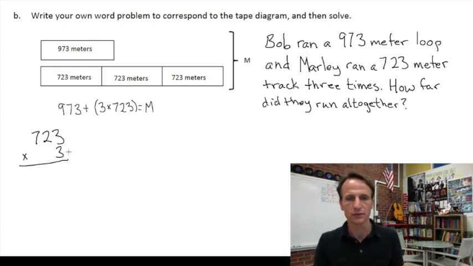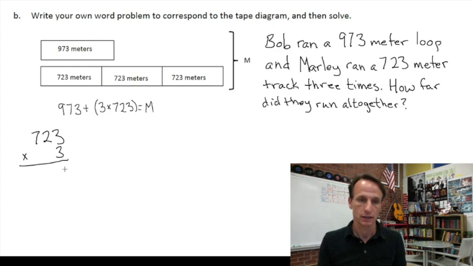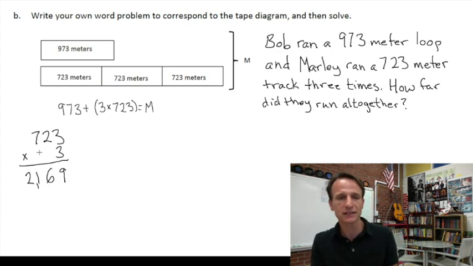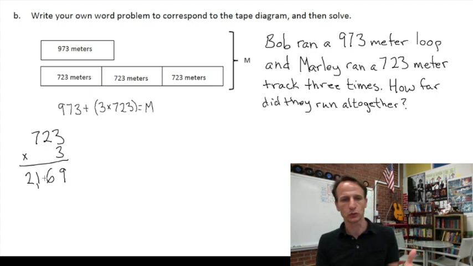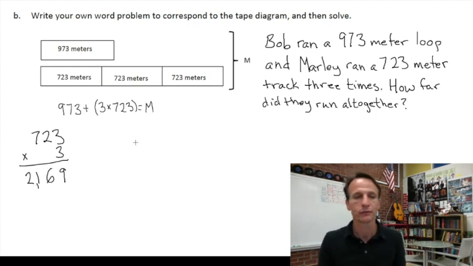So 3 times 3 is 9. 3 times 2, 6. And 3 times 7 is 21. So 2,169. That makes sense because about 700 times 3 would be 2,100. Good. And our final answer will be around 3,100, right? Because we're going to add about 1,000 to it.